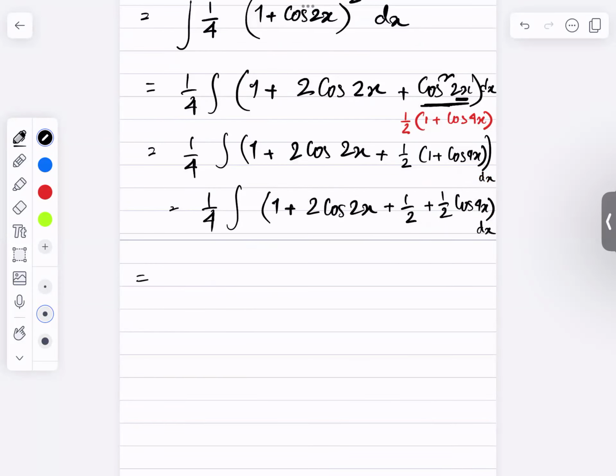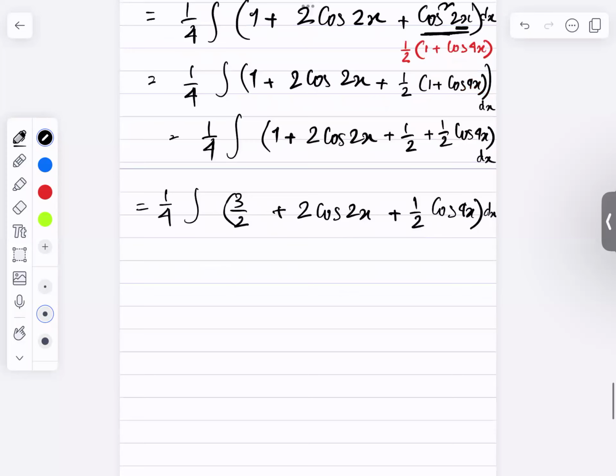And this is 1 over 4 integration, so half plus 1 is 3 over 2, plus 2 cosine 2x plus half cosine 4x dx. Now do the integration: 3 over 2 x, plus there is 1 over 4 outside, plus, so this will be 2 cosine, so sorry, 2 sine 2x over 2.